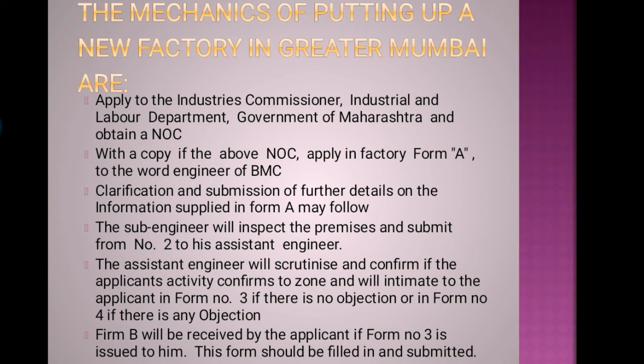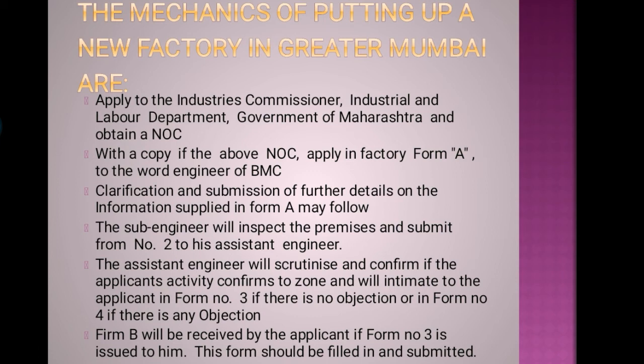Fourth, the sub-engineer will inspect the premises and submit Form number 2 to his assistant engineer. Then, fifth, the assistant engineer will scrutinize and confirm whether the applicant's activity conforms to the zone and will inform the applicant in Form number 3 if there is no objection.